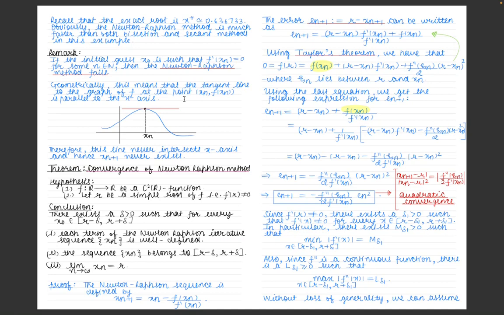And this can be written as en plus 1 equals R minus xn times f prime xn plus f of xn by f prime xn.